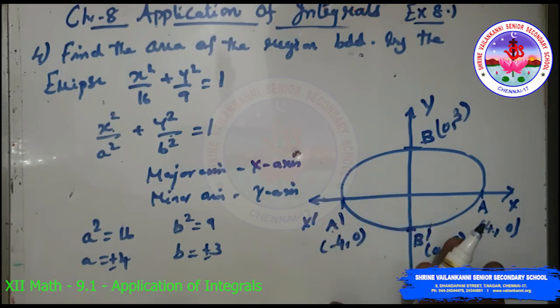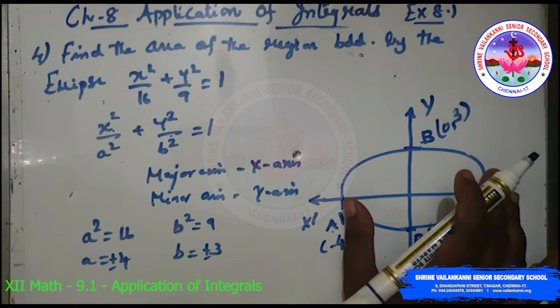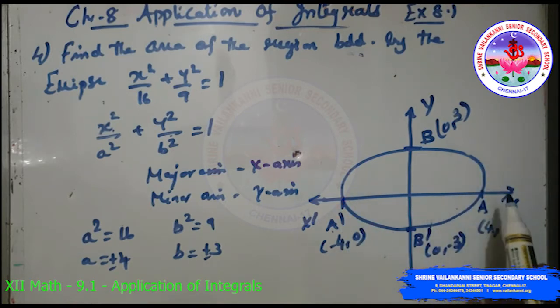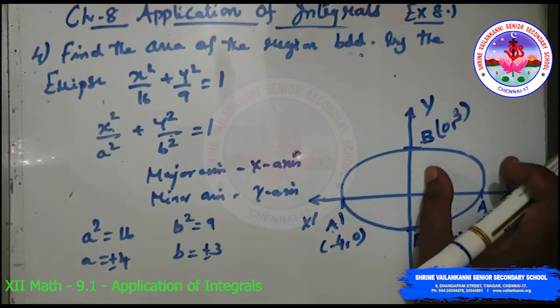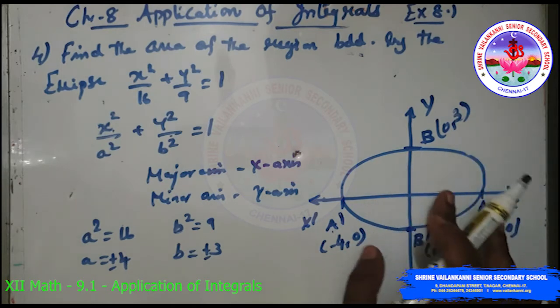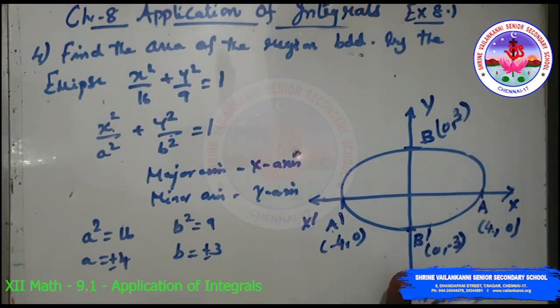We have to find the area of the region bounded by the whole ellipse. If you find any one quadrant, the area of the required ellipse is 4 times that, since the given ellipse is symmetrical about the axis.